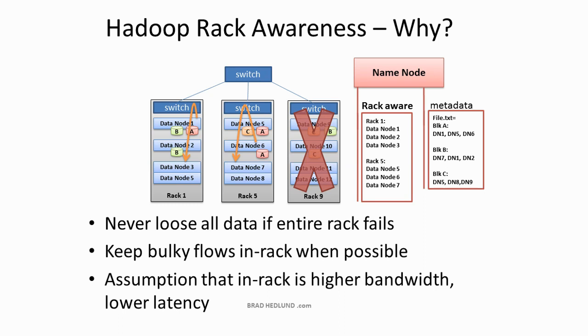Okay, so rack awareness goes beyond just storing that data. Now, why wouldn't we just randomly pick each replica of each block and distribute it as widely as possible? Well, then your read latencies are going to be very, very high, and your computations are going to slow down because you'll have to access data.